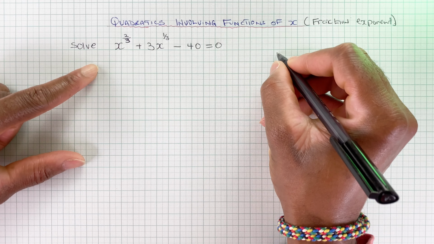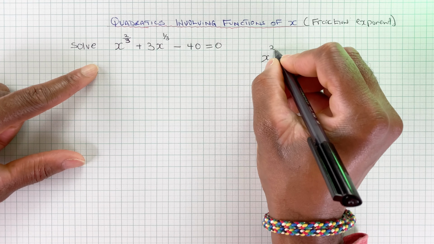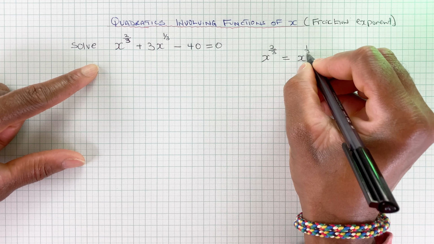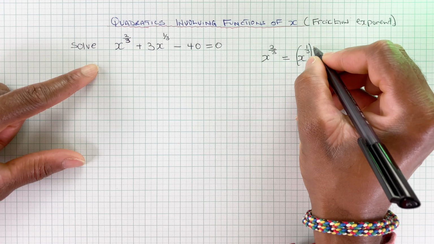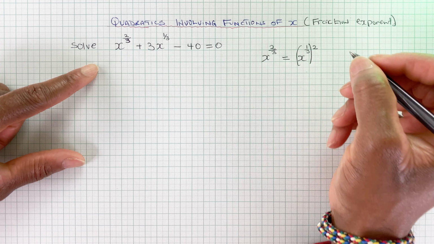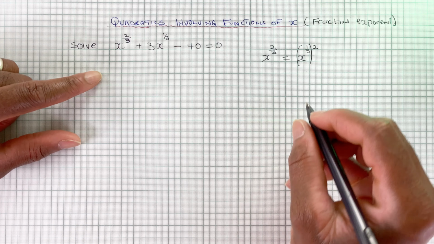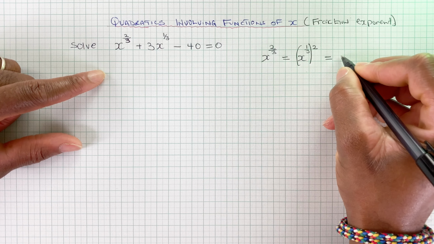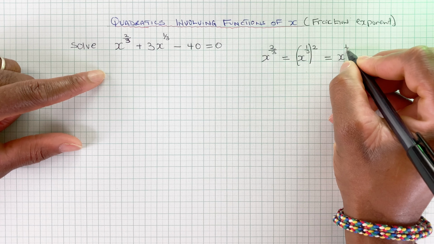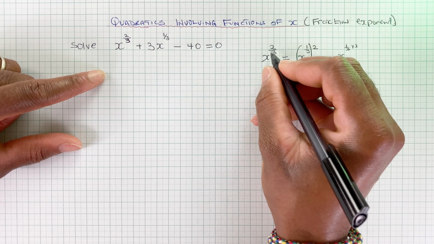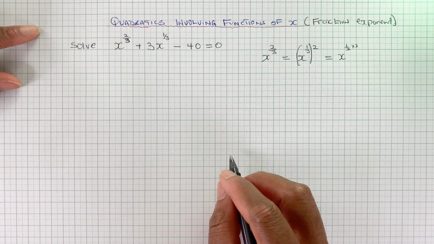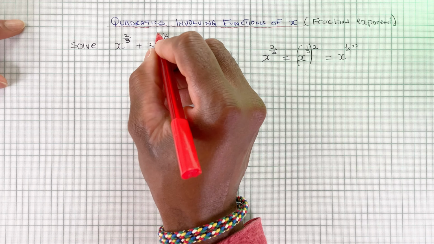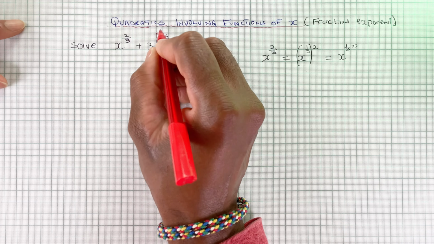I want to show you that x to the power 2/3 can be written as x^(1/3) to the power of 2, because that then will become x^(1/3 times 2), which is x^(2/3).